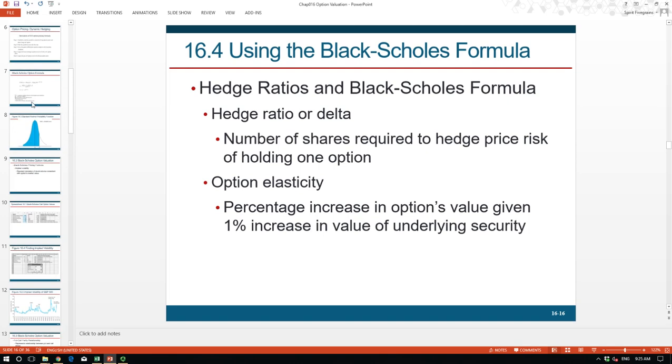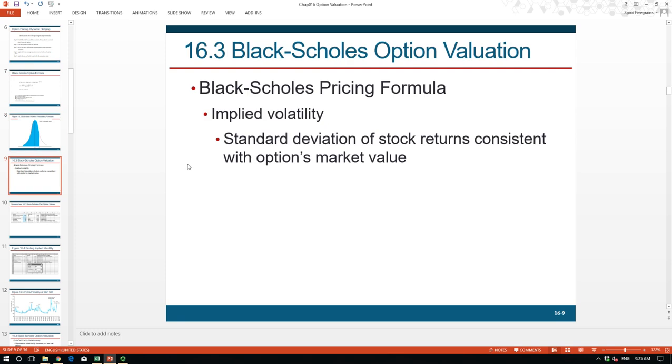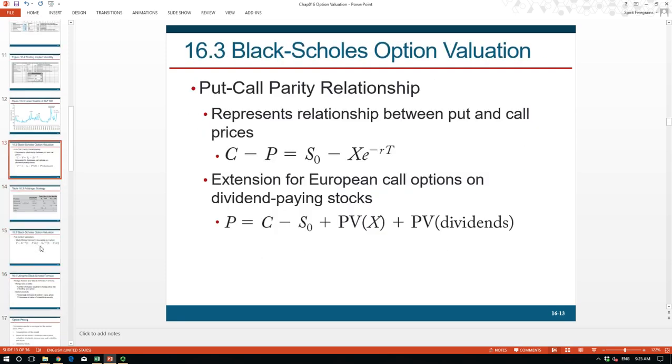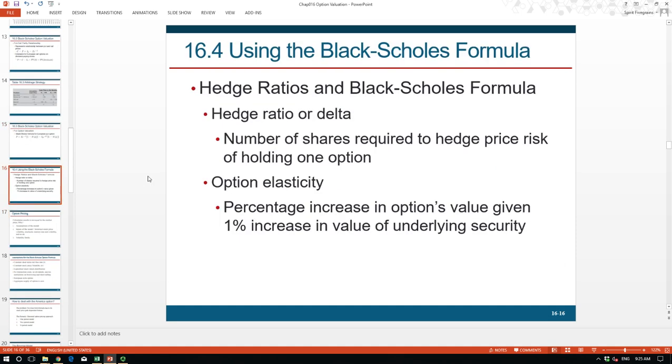As I said, this N(d1) is the probability that the option will be in the money in the future. It's just a probability measure, but N(d1) has other meanings. It's also called the hedge ratio, also called the delta.